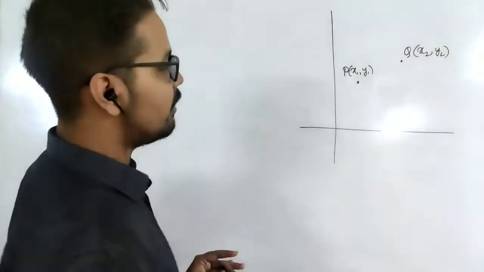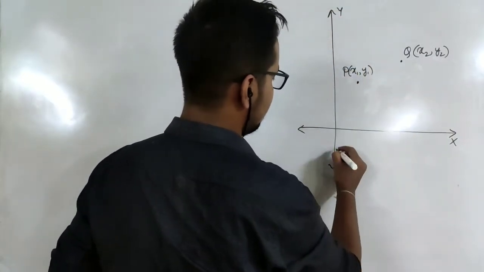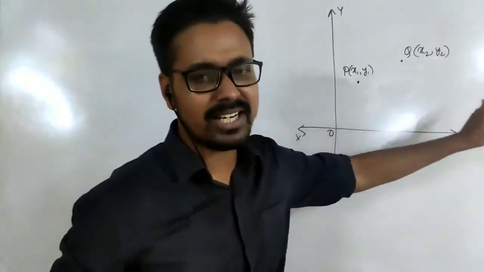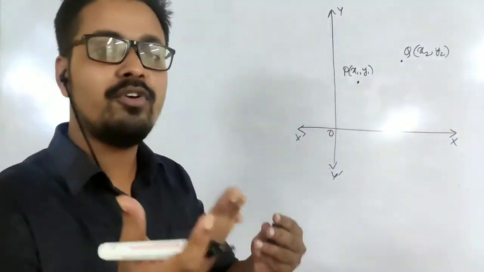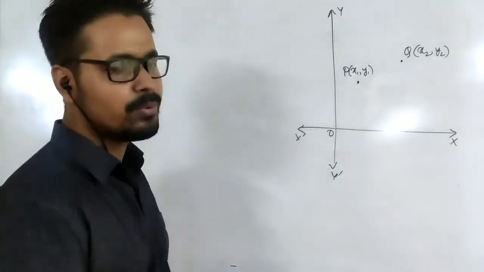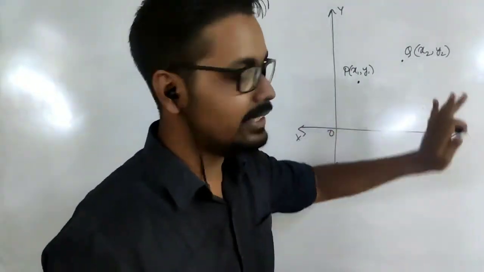That is my choice. This is my x-axis, y-axis, origin, y dash, x dash. I have taken the positive direction just for ease of calculation. If you want to try it with the negative direction, you can experiment, no problem.